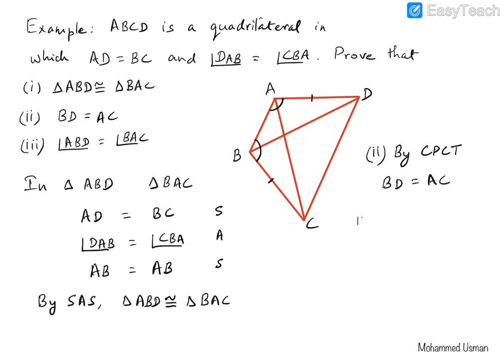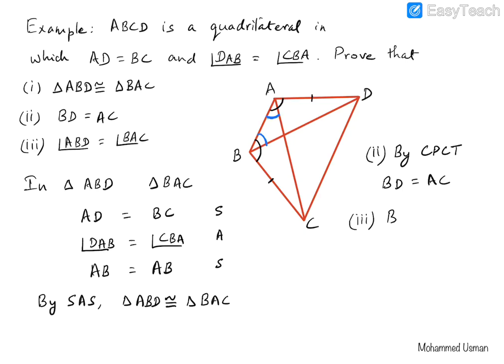And the third part of the question, again, we have to show that angle ABD equals angle BAC. That means we are asked to show this angle. ABD is this angle and BAC is this angle. We are asked to show that these are equal. Again, these are the corresponding angles of the two triangles. So by CPCT again we can say that these two angles are equal as well.